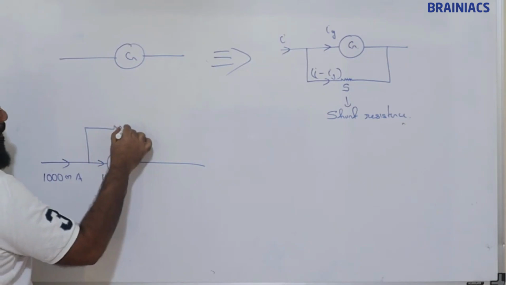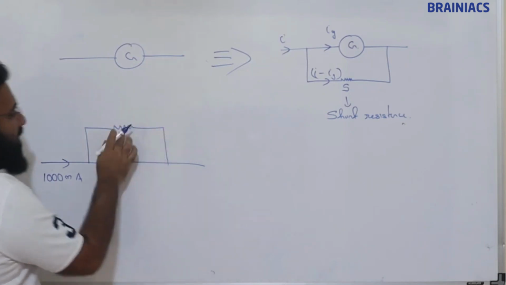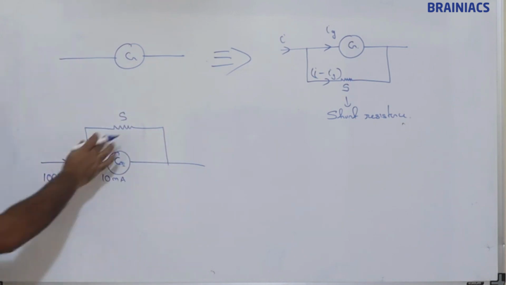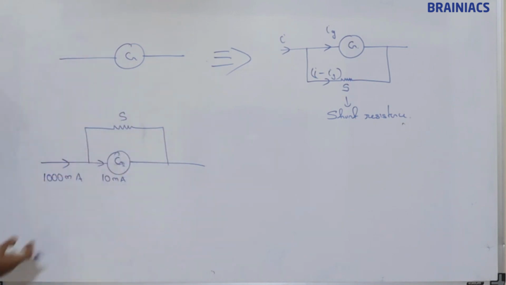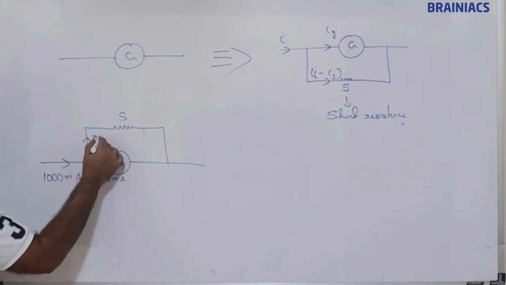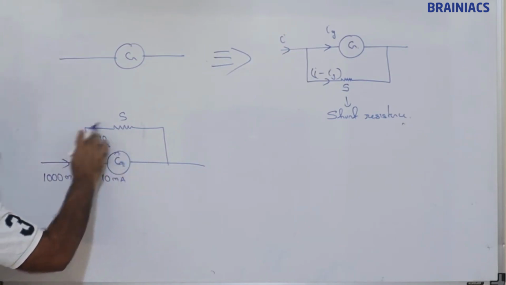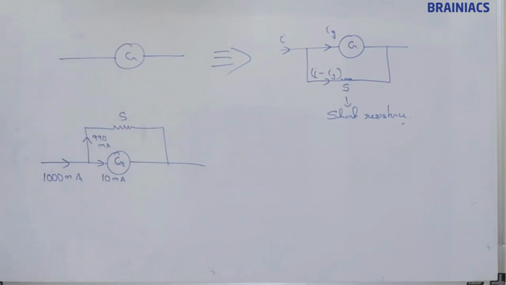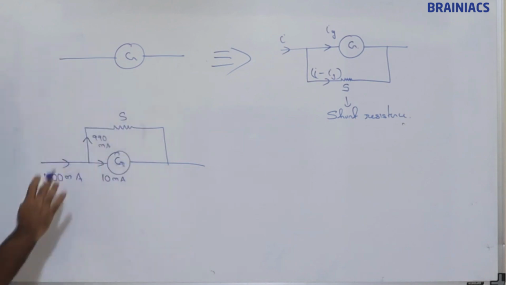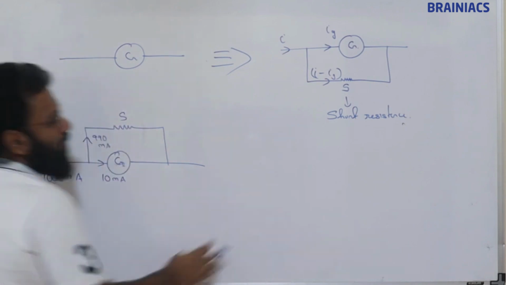Then we will set this shunt resistance in such a way that 990 milliampere will be passing through this. So this shunt resistance we will choose accordingly. We know the current division rule.